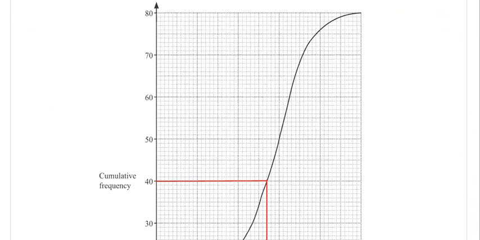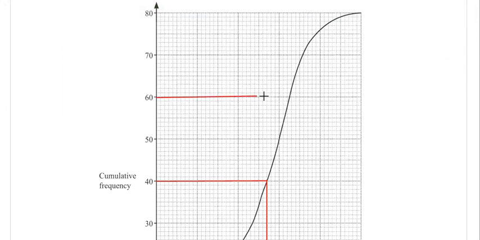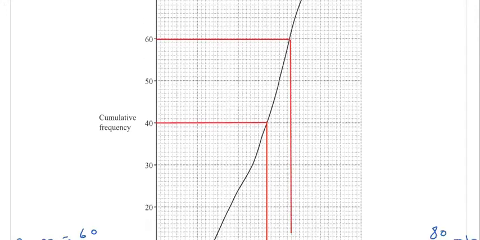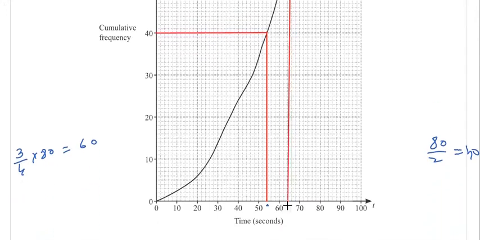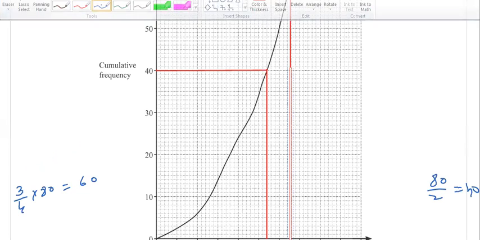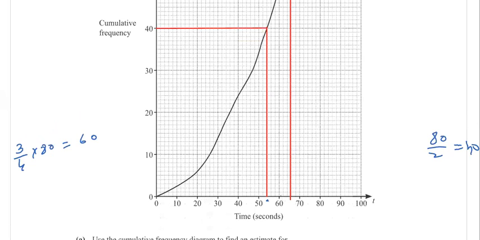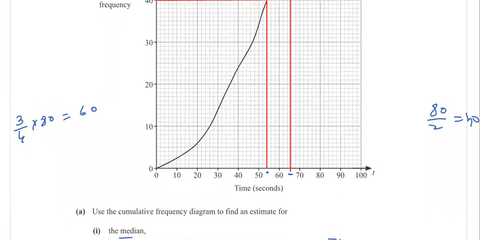Some students don't show the line on the graph, that may deduct marks. So from 60, draw the line and get down. This one. So let's see what this value is. 60, 62, 64, 66. So this is 66. It means we found our Q3 is 66.